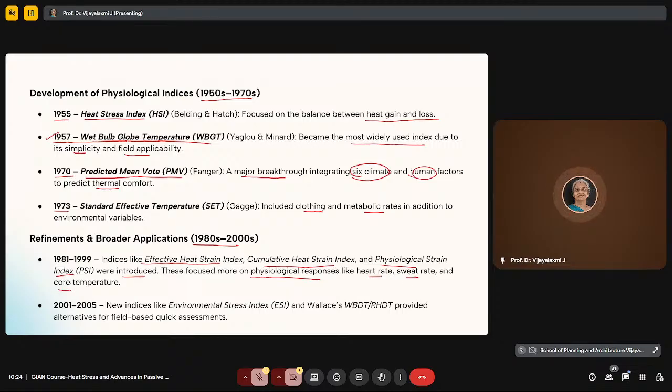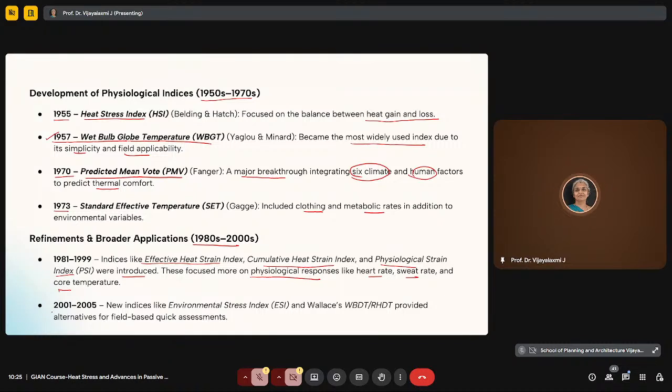So when you are following any of these methods, you should understand the purpose for which you are using this computation of heat stress, because the factors involved in each of these methods are different, and that is related to the purpose for which you are computing.